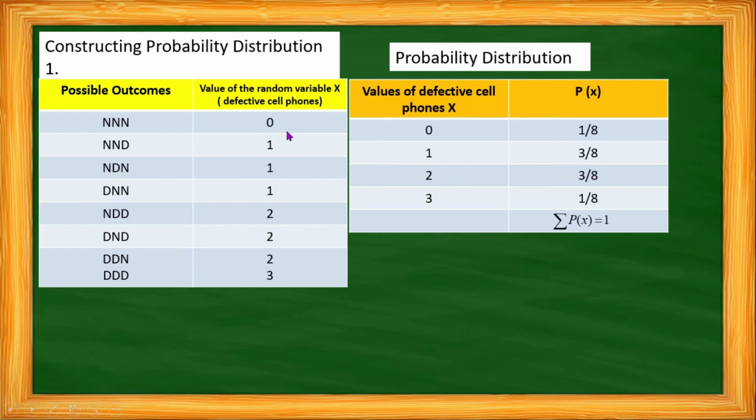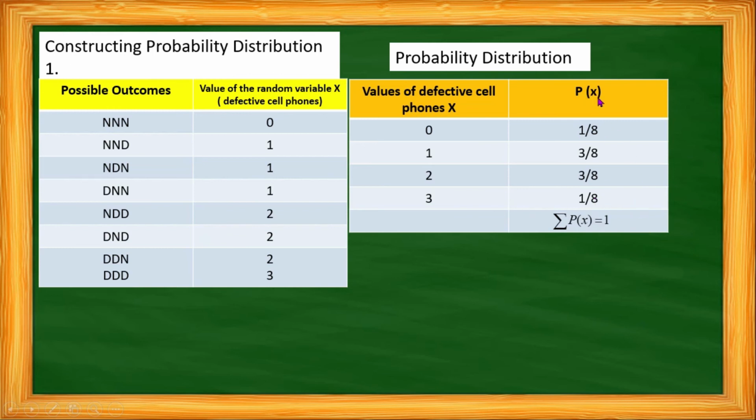We have 3 ones, so that is why 3 over 8. The next value is 2. We have 3 twos, that is why 3 over 8. Then the last value is 3, and we have only one 3. That is why 1 over 8.